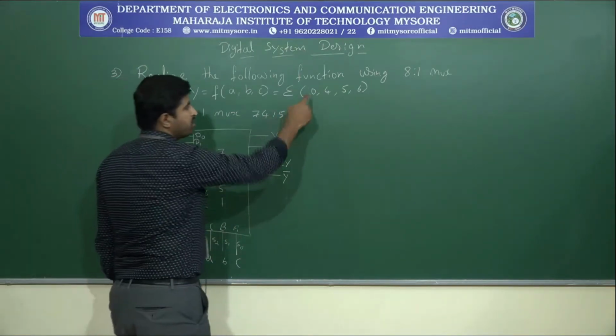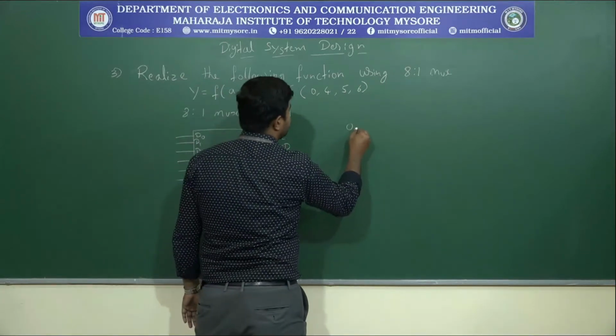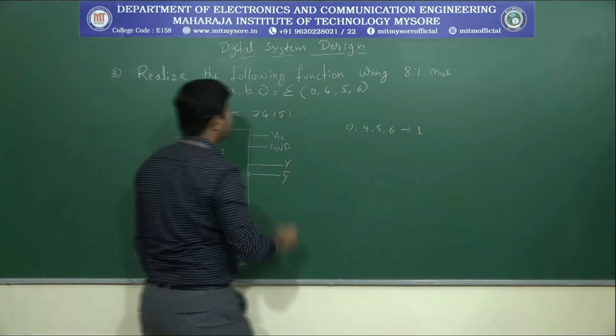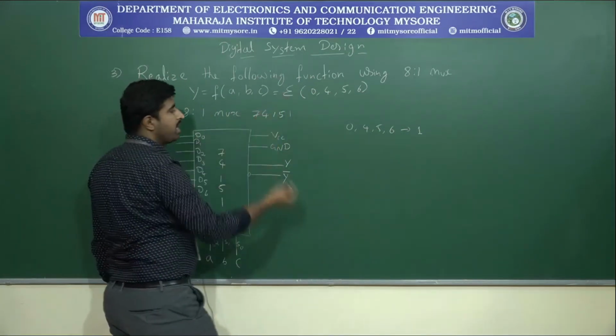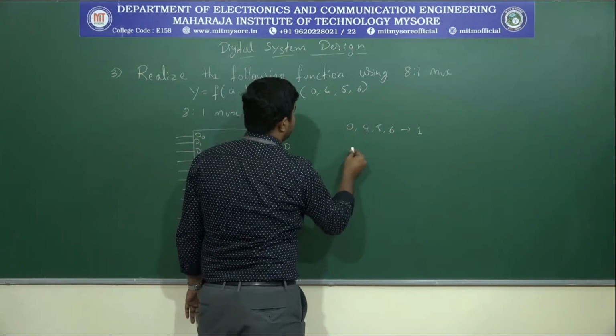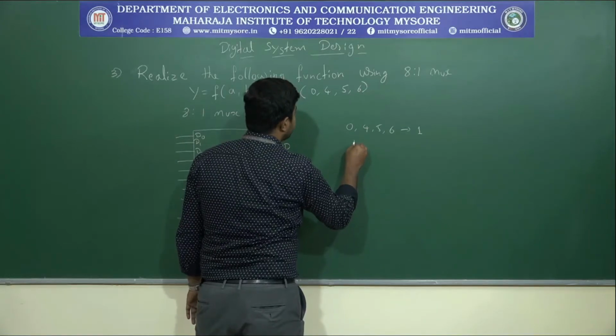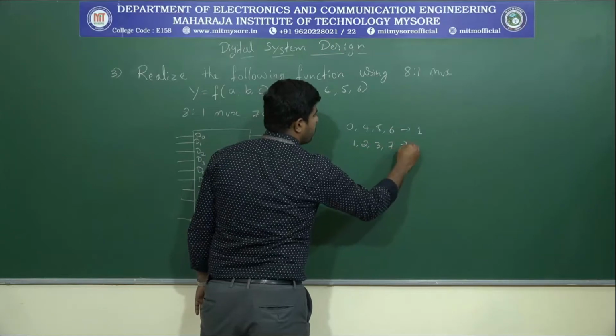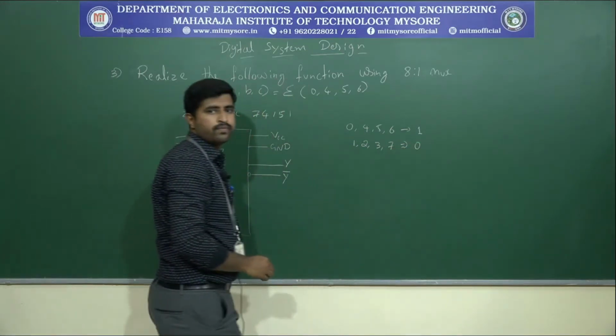According to the given function, 0, 4, 5, 6 will be logic 1 because it is given as a summation, and the remaining values, that means 1, 2, 3 and 7, will be logic 0, right?